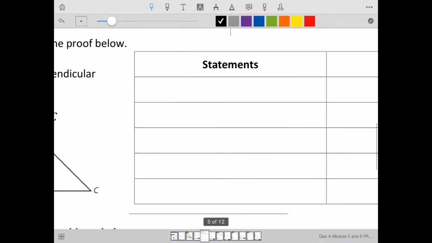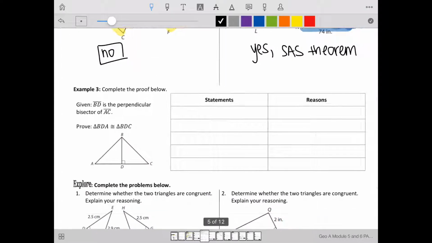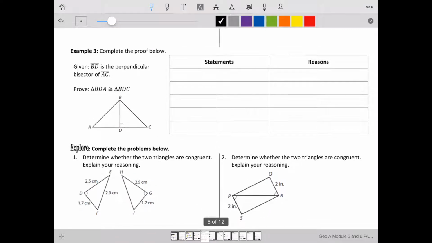Now let's look at a proof. So first, we always need to look at our given. We are given that BD is a perpendicular bisector of AC. Your given always goes in the top line. So BD is a perpendicular bisector of AC.